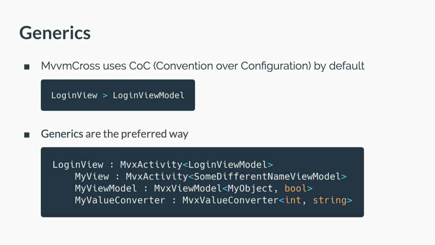So MvvmCross is based on conventions. I already told you what the main convention is. Everything starts with MVX, right? So another thing is that once you want to hook up your views to your view models, you can do it based on the name. So LoginView will automatically connect to LoginViewModel.